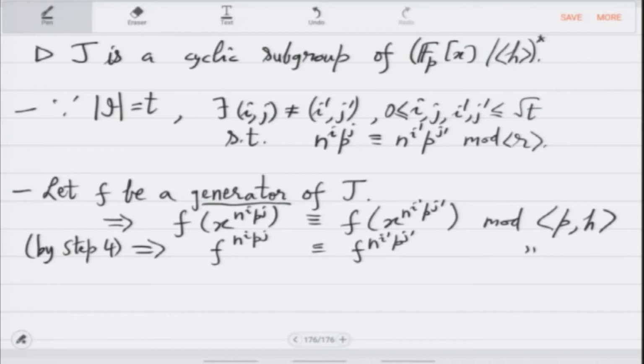But f is an element of high order, right? So this means that in fact the size of J should divide n raised to i p raised to j minus n raised to i prime p raised to j prime.